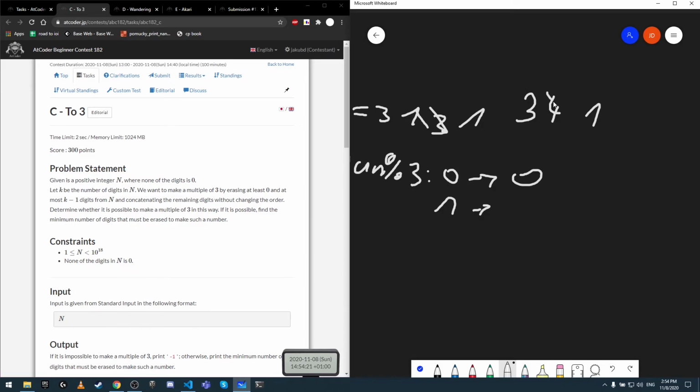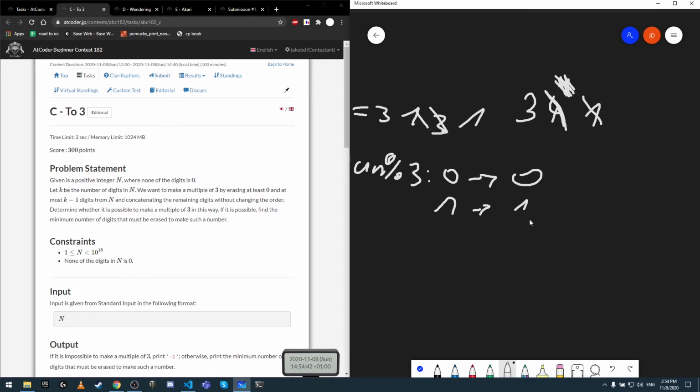But if you erase 4, which has parity 1, since 4 modulus 3 is 1, you basically erase the parity of it. So if you have some number whose parity is 1, you can remove it and you are done.